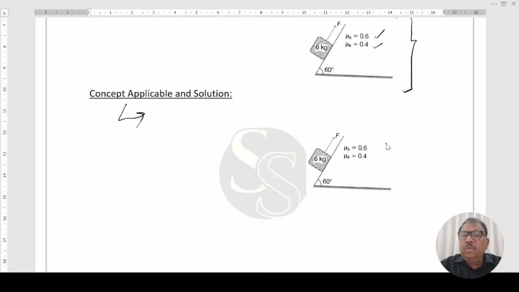Now, the mg sin theta component always acts downward.